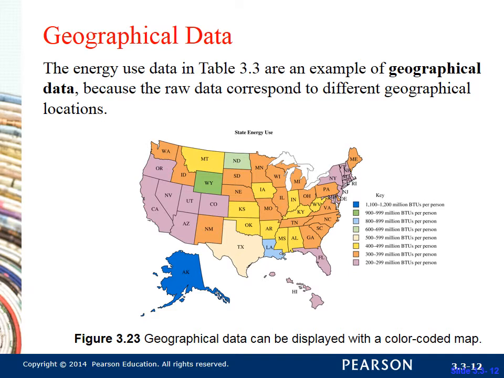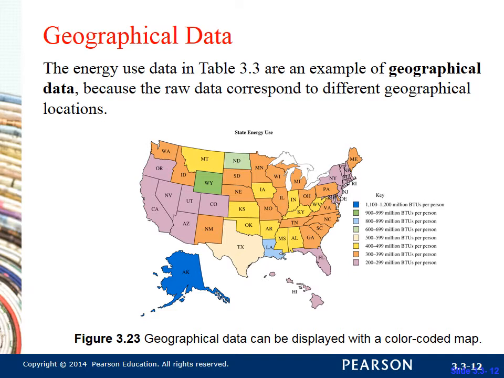So the dark blue is the highest consumption, and look at that, that's 8K, that's Alaska. All right, 900 to 999 is my light greens. Those are up in the middle of the country north. My light blue, 800 to 899, that's Louisiana down there.